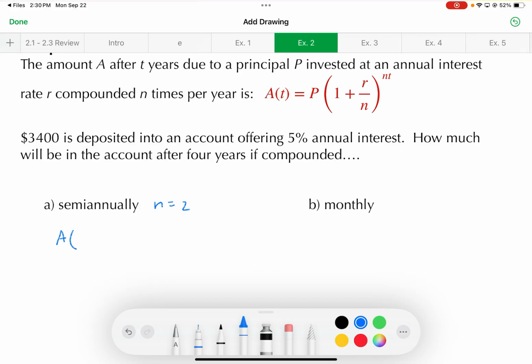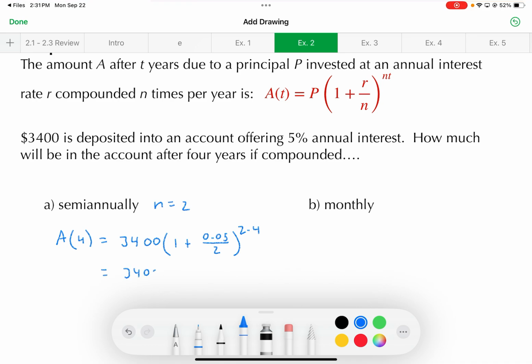Okay, so I would say the amount after 4 years, A of 4, would equal my initial principal of $3,400 times 1 plus the annual interest rate of 5%, 0.05, divided by 2 to the power of 2 times 4.